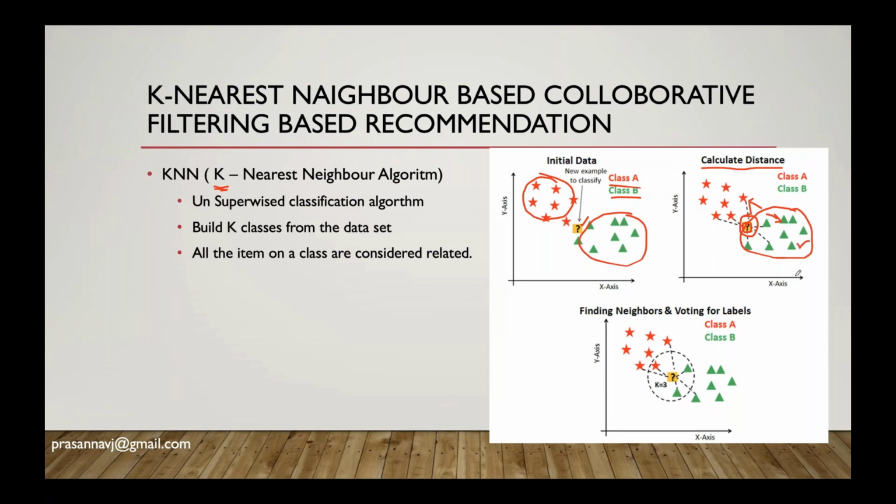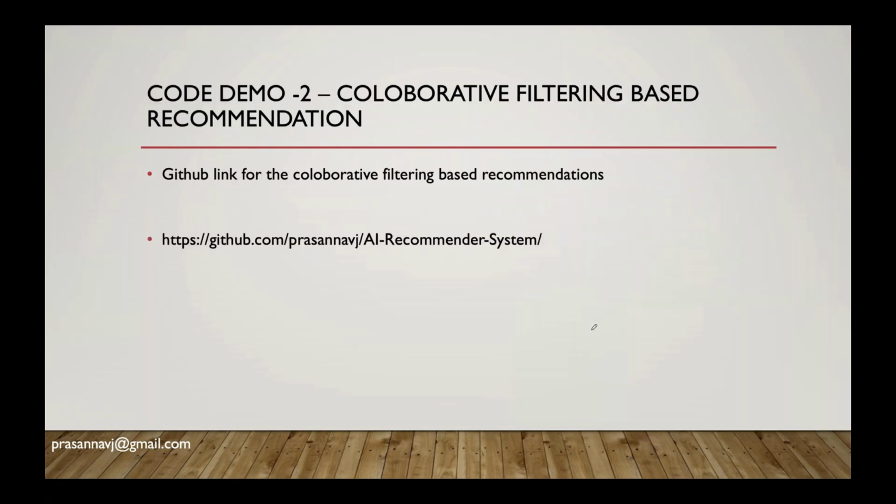That is the basic idea behind collaborative filtering. This is the k nearest neighbor algorithm, and this is how it works. Now we're going to use the same KNN to first group the users, and based on the new user data that we give, it is going to give us the outcome.